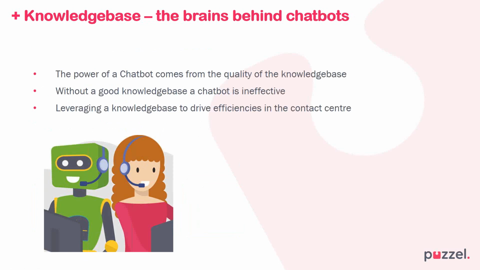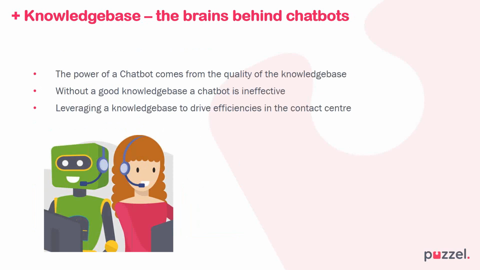Another point that I was just making is it's very important to have the same knowledge base being used by agents as well as bots. And the reason for that is the bots can actually push back the information of what kind of queries are being put into the contact center by customers.